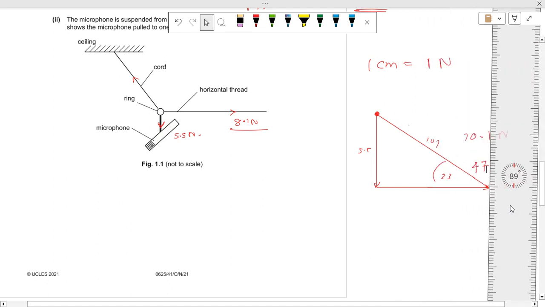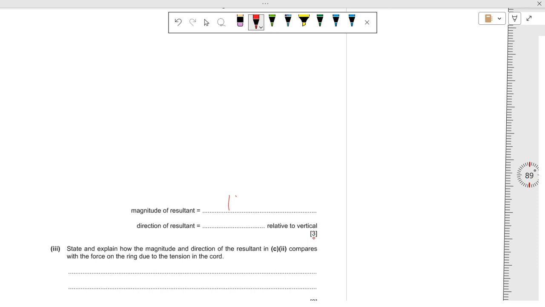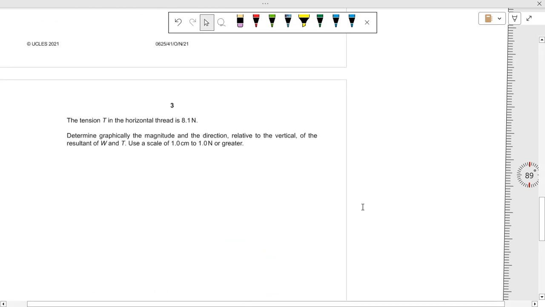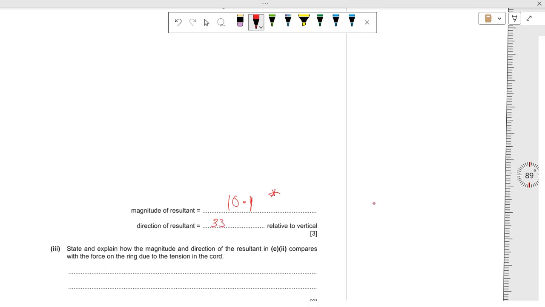The magnitude of the force is nearly 10.1. For the direction of the resultant, you can use an exact pencil and a ruler. The values I got in this sketch are 10.1 newtons, and the direction of the resultant is 33 degrees relative to the horizontal surface.